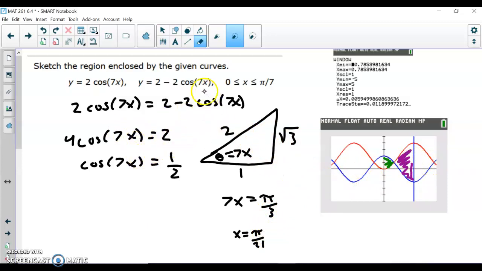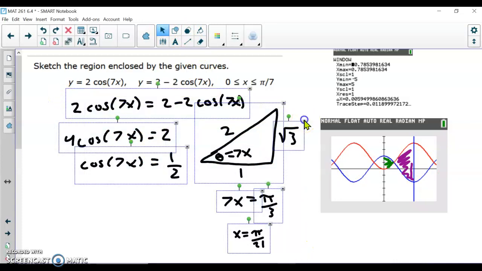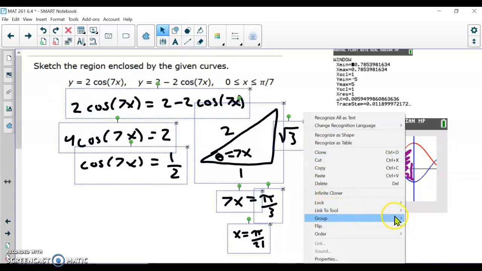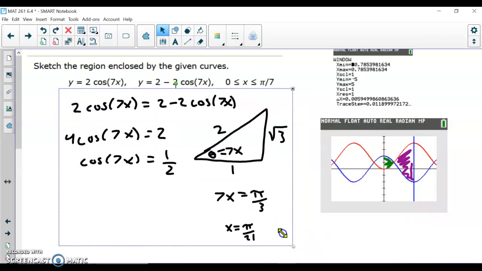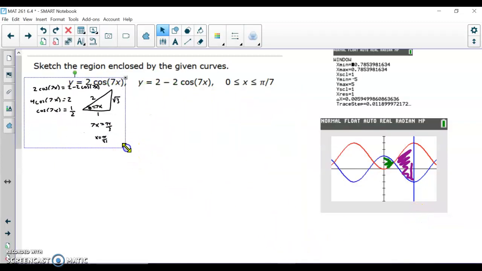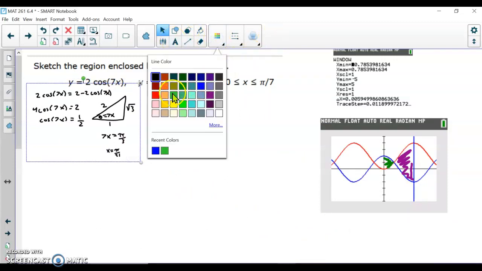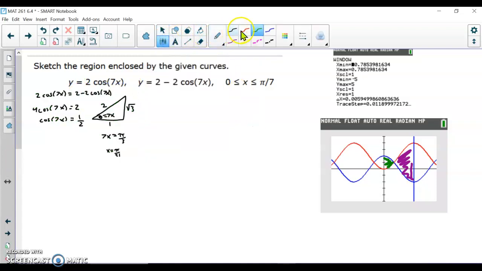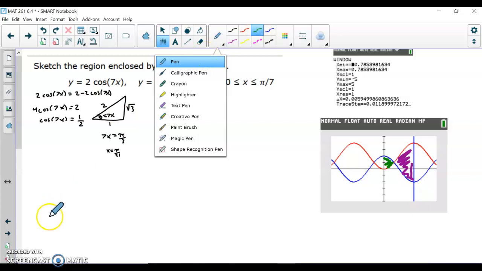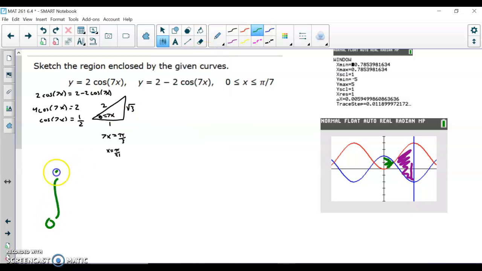So if we set up the definite integrals that we need to get this region done, let me close this or group it so I can shrink it. I'll grab the green pen. We've got to go from 0 to pi over 21.